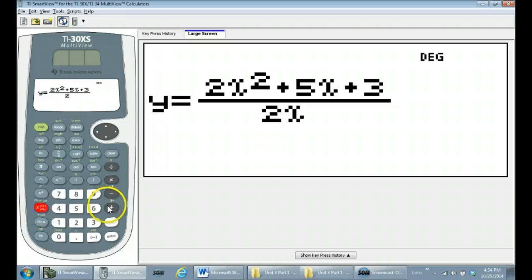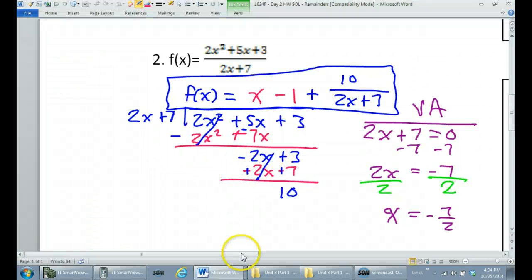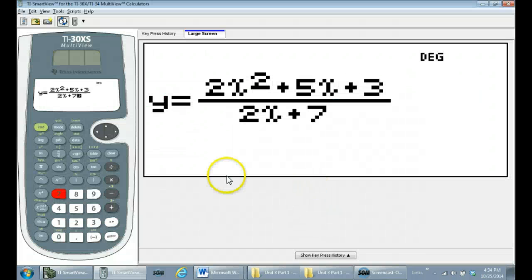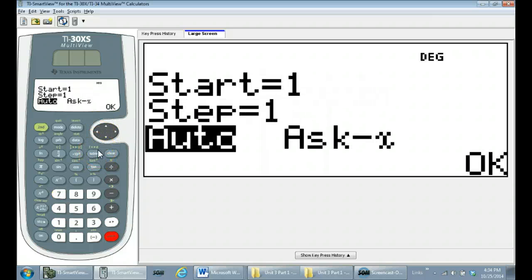So 2x plus 7. Okay, like I said, pay attention to the vertical asymptote. So our vertical asymptote is right here at negative 3.5. So let's look at negative 4, negative 5, and negative 6. So I'll start at negative 6. Okay, so negative 6 is our start value.